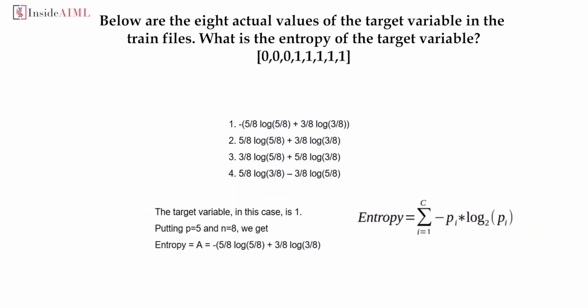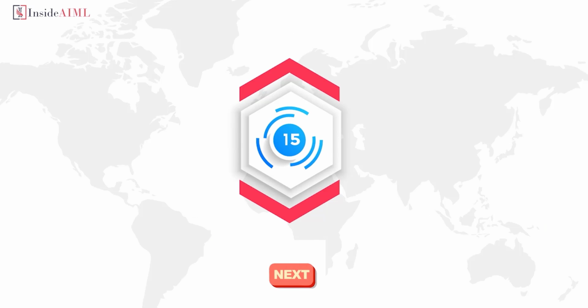So P of positive will be 5 by 8 and P of negative will be 3 by 8. So putting those two into the formula, we will get the entropy as minus 5 by 8 log 5 by 8 plus 3 by 8 log 3 by 8. So the actual answer will be entropy of A, or option 1. Now let's see the next question.